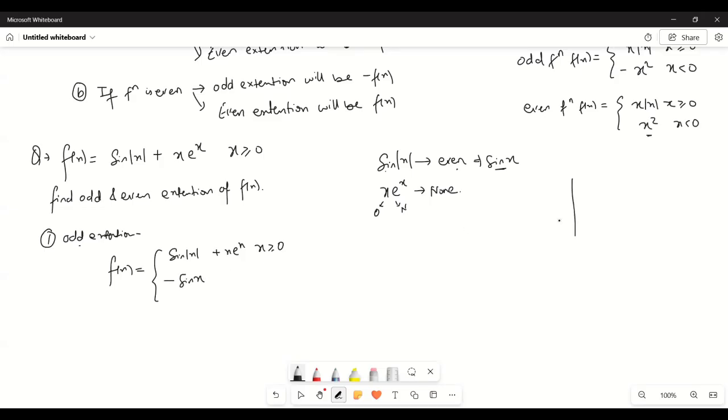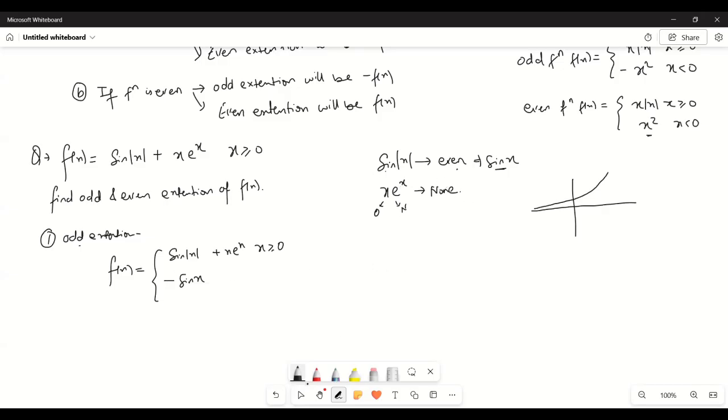Okay, now e power x. What is the graph of e power x? The graph of e power x is like this. Or in general, any graph of f x. Now how do we make this graph symmetric about the origin? For odd, we need symmetry about the origin.